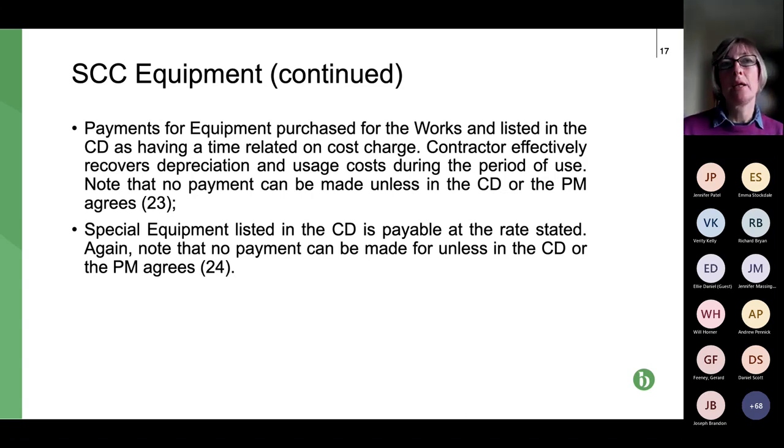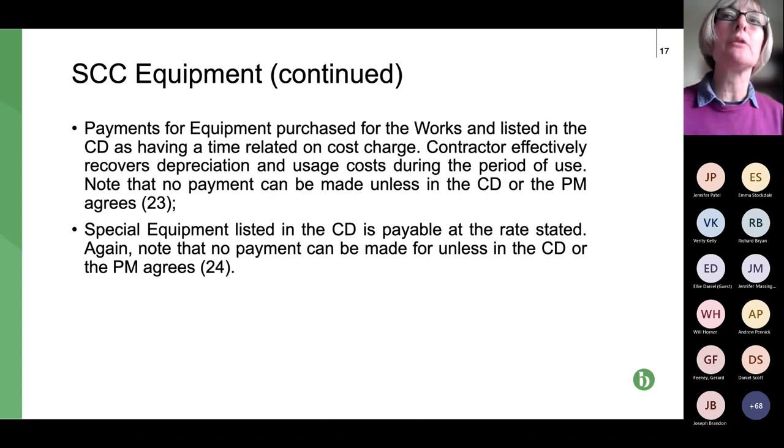Note here, and the same applies to the point we've just been talking about, equipment purchased specifically for a project. If the information isn't in the contract data to cover these, then you're not entitled to any payment. So these are really tricky clauses.